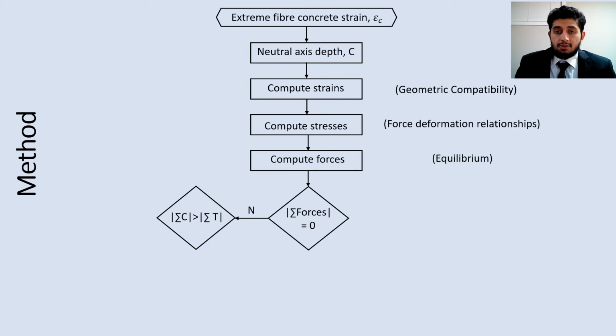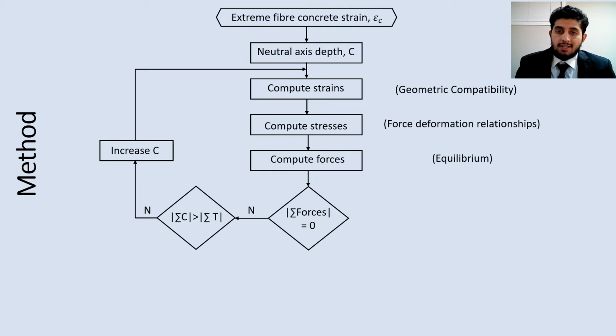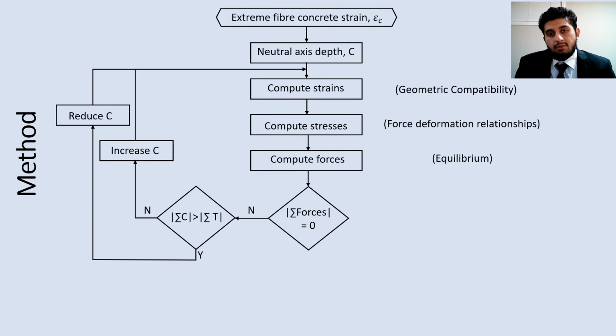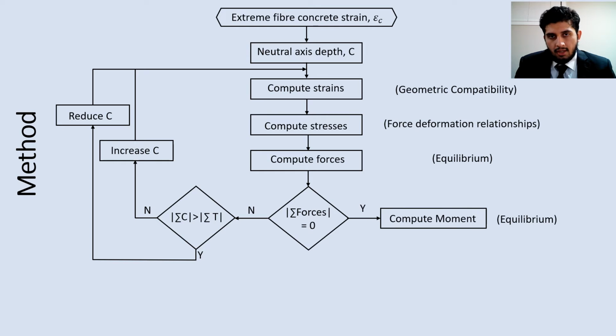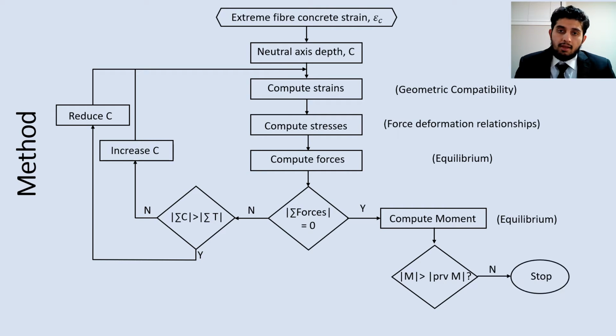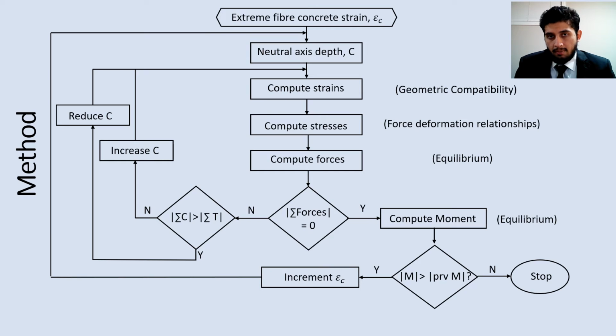If that's true, then we increase the neutral axis depth, and if that's not true, then we reduce the neutral axis depth. Once the forces are 0, we can find the moment, and we check again if the moment in the current iteration is smaller than the moment in the previous iteration. If that's true, then we stop because we have achieved the maximum moment. If that's not true, then we increase the extreme fiber strain.